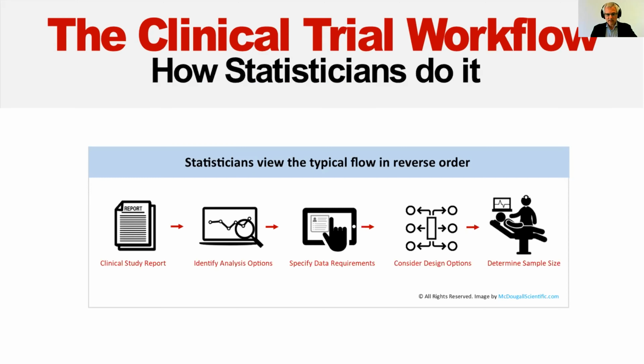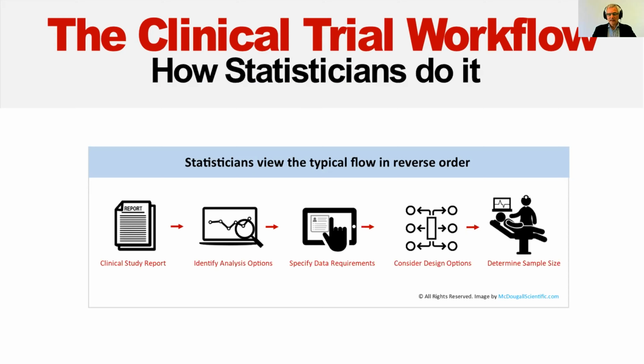It helps us identify which analyses need to be performed, whether it's going to be longitudinal data or not. So we consider then analysis options that will be needed to answer that research question or allow you to write that statement in a CSR or a publication.